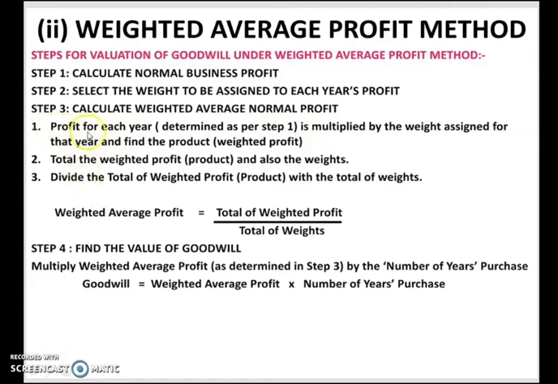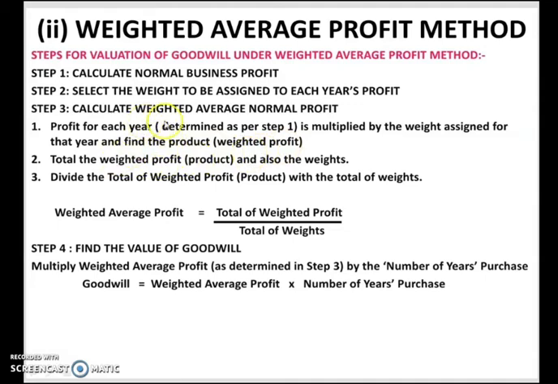The first step is profit for each year, as you have determined from step 1 after removing all the abnormalities, is multiplied by the weight assigned for that year and find out the product or weighted profit.